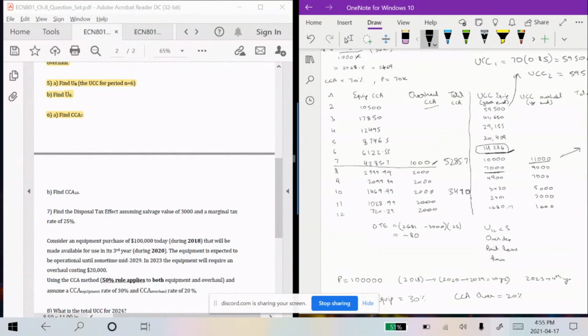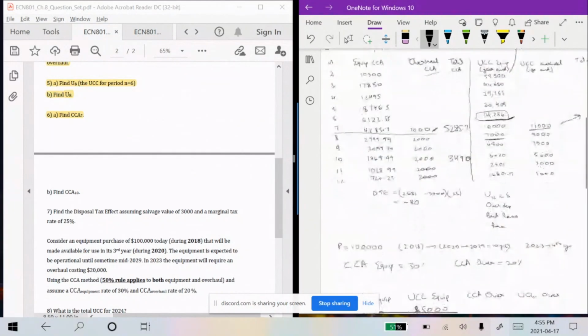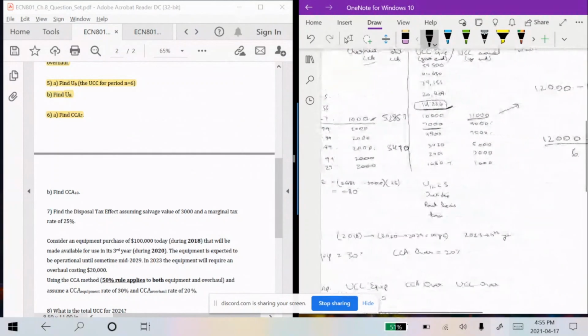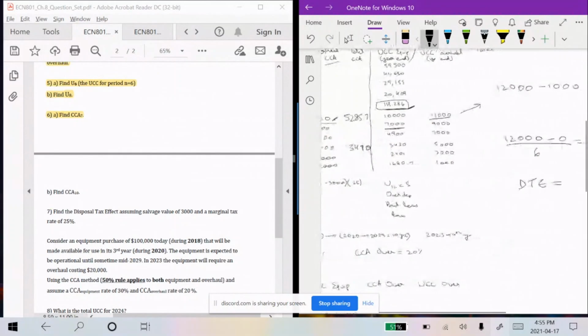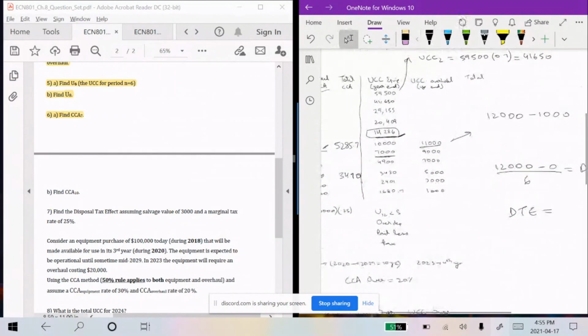Now they asked us to find the disposal tax effect, right? So the disposal tax effect is calculated on the basis of the final UCC of the whole project. So in this, the final UCC was right here. Adding these both, you get 2680.7 or 2681.